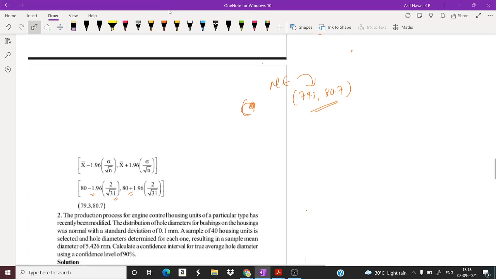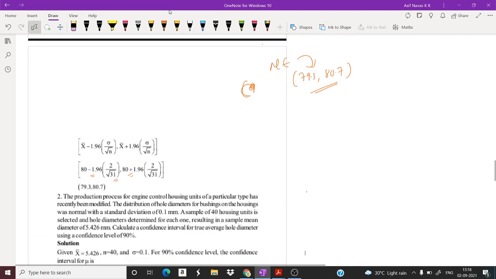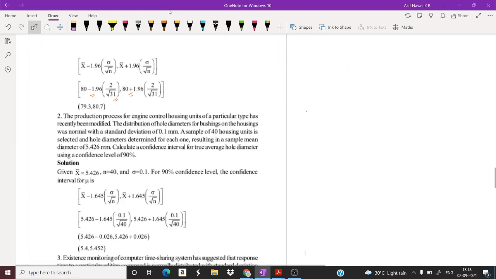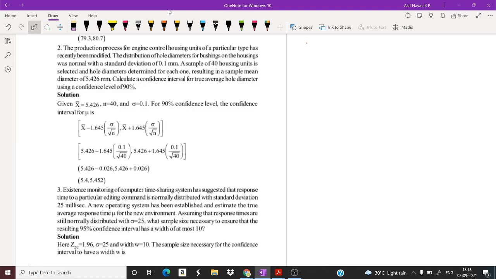Now I will do one more problem. Next is also very easy. The production process for engine control housing units of a particular type has been modified. The distribution of all diameters for bushings on the housings was normal with a standard deviation.